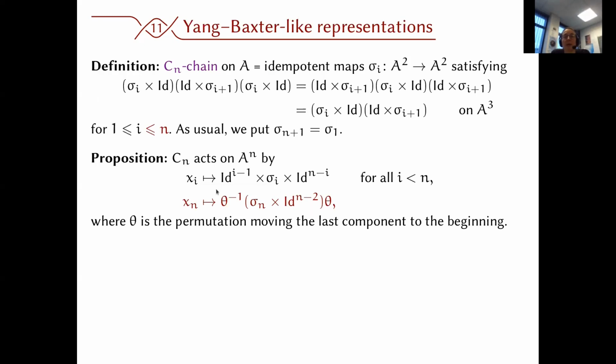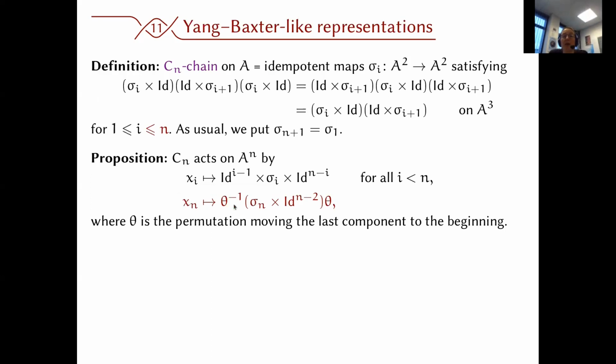Well, if you want to write things down properly, it will be more difficult to write where this last generator xn comes from. You'll need to use a permutation, which moves the last component to the beginning. But this comes just from the fact that we are writing things in a line.